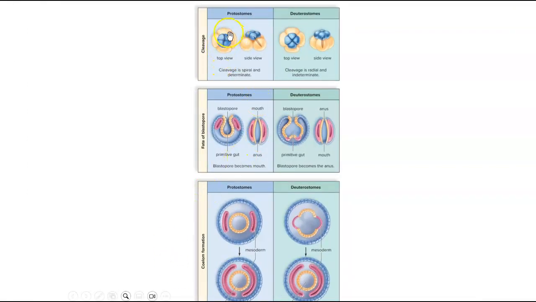So here you can see in protostomes the cleavage of the blastula, which is the ball of cells that forms early in development. Cleavage is spiral and determinate. And then in deuterostomes, the cleavage is radial and indeterminate.